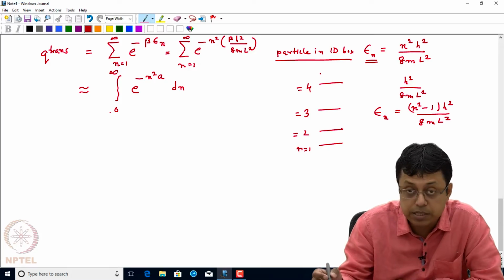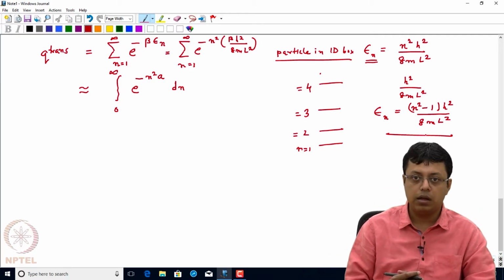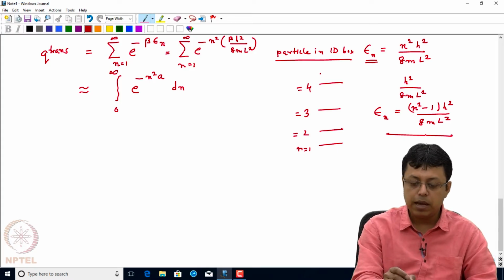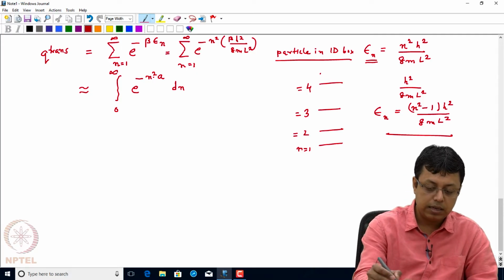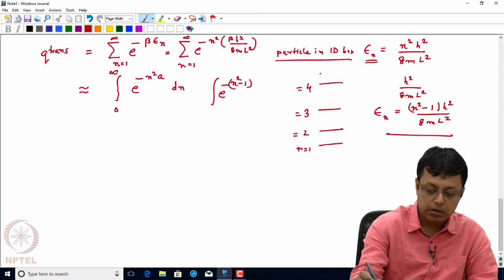But if we do this transformation, that we are measuring everything with respect to n equal to 1, then actually I could write the lower limit as n minus 1, and the lower limit will be 1 minus 1, which is 0, and then instead of the integration written as this, I should have written it as e to the power minus n squared minus 1 into a into dn, where n is going from 0 to infinity.